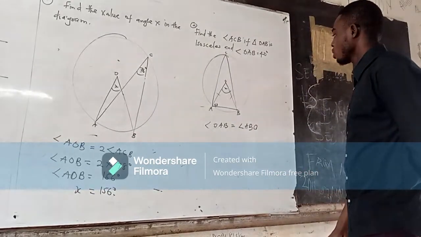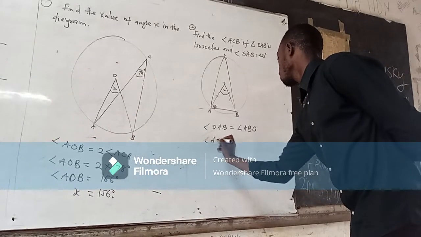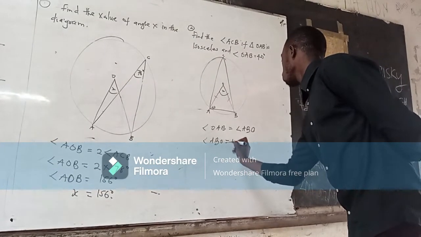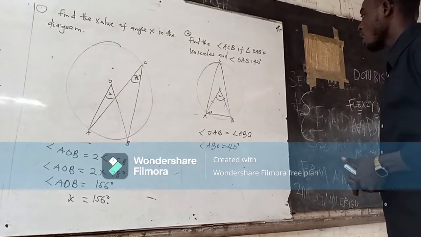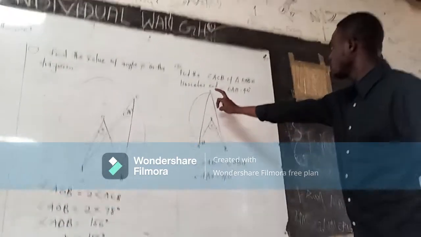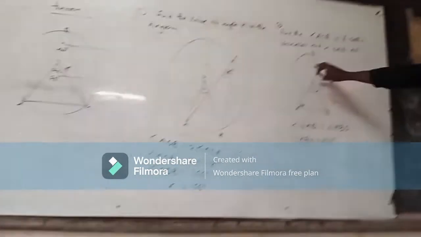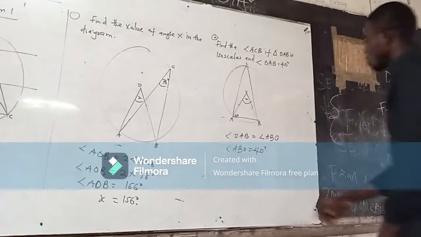So means that angle ABO will also be equal to 40 degrees. So if we have this that we are talking about, then how will we find here? Our target is to find here. But first we have to find here and build it by the first theory.